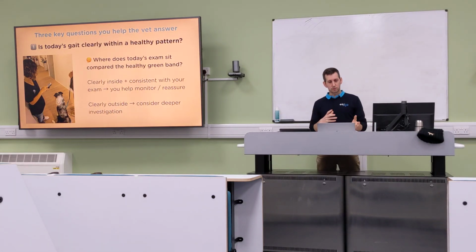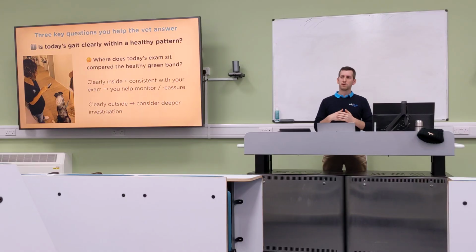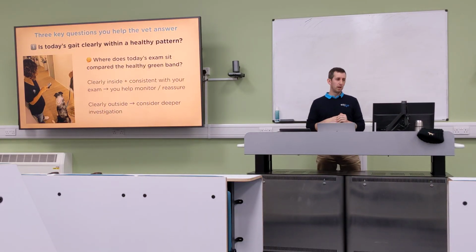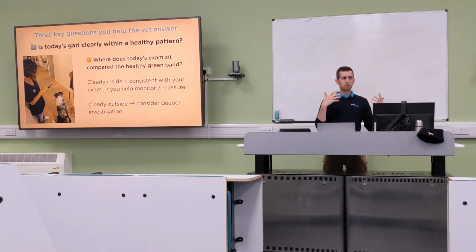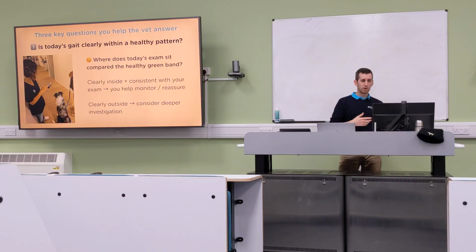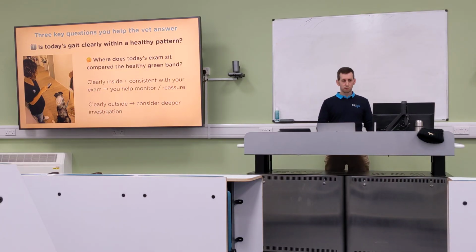If you saw nothing and the system saw nothing, it is good, and this is just a monitoring tool or reassurance tool for you, for the owner or anyone, and you can go on. Or if you saw nothing but the system saw something, maybe you will think about it. Maybe the team will try another trial and do it again. So it's just to make you think about it and maybe investigate further.